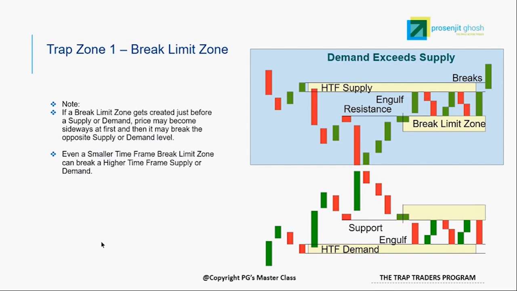I probably told you this story, and that's what happened next. Price broke the higher time frame monthly zone and went down from a 5 minutes zone. That was the thing that happened there, and somebody got very angry with me. How could that happen, right? HTF demand got engulfed by a 5 minutes zone.